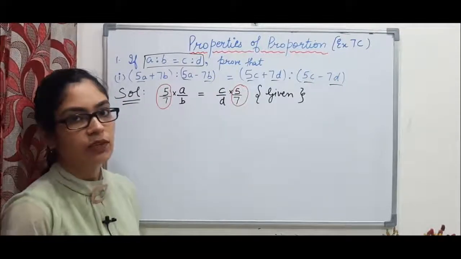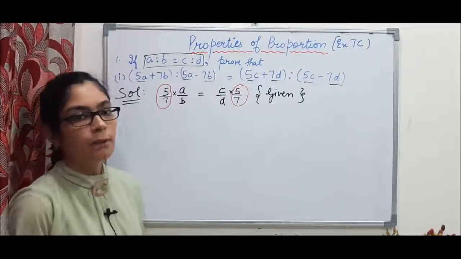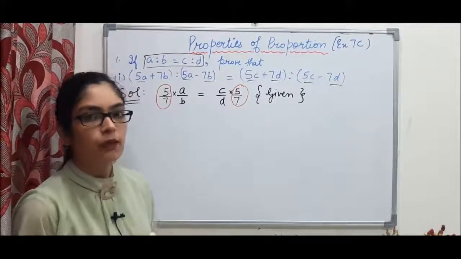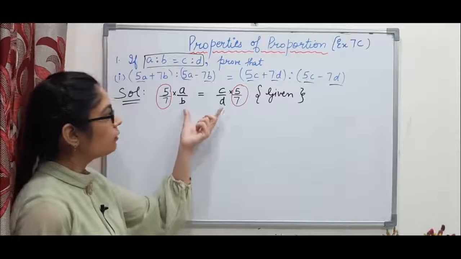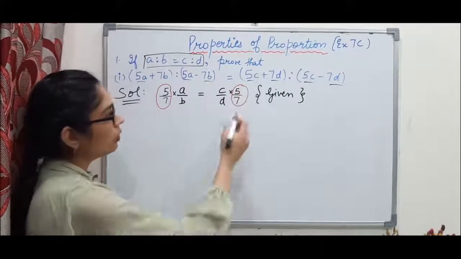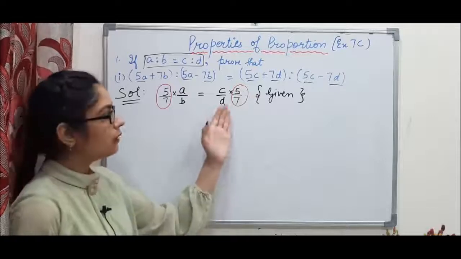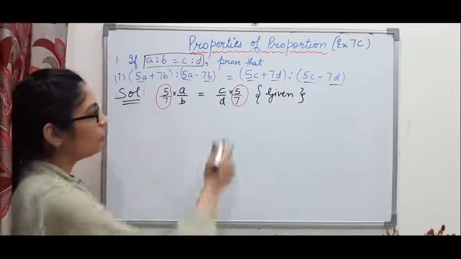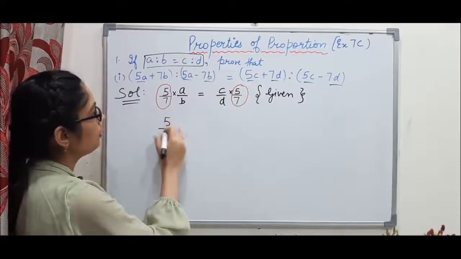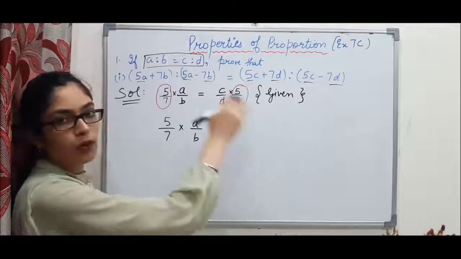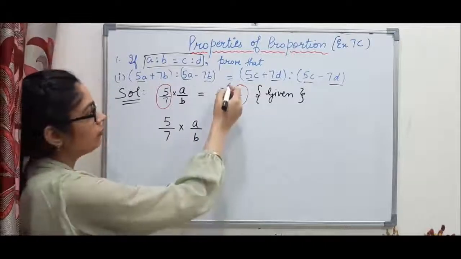Any change we do on both the sides won't make any difference to the given things. How? I will show you also: this fraction is getting multiplied on this side, so if I want to shift it to the other side, because it is in the form of multiplication, 5 by 7 into a by b, I will shift it to the other side.